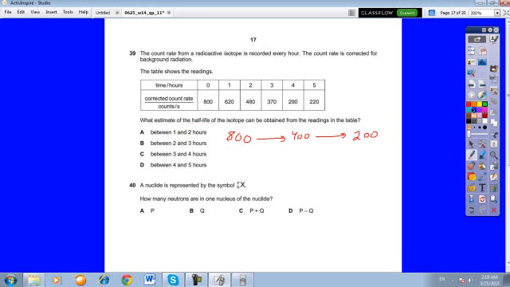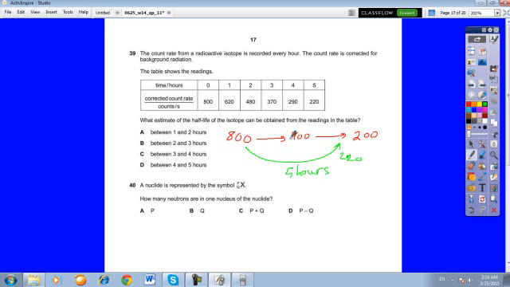And from the table, after 5 hours it became 220, which is almost 2 half-lives. It's actually less than 2 half-lives, since it didn't reach 200, it reached only 120.